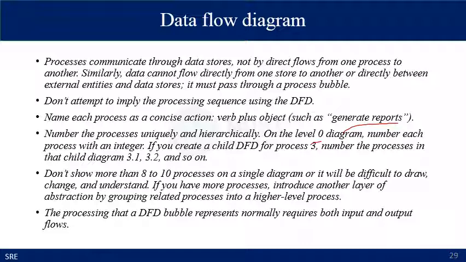Don't show more than 8 to 10 processes in a single diagram, otherwise it will be difficult to draw, change and understand. If you have more processes, you can add another layer of abstraction by grouping related processes into one higher level process. The processing that a DFD bubble represents normally requires both input and output flows.